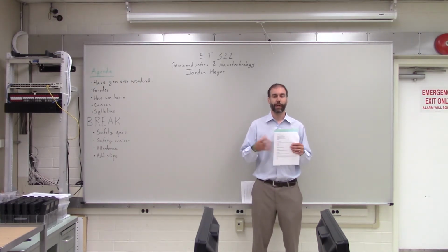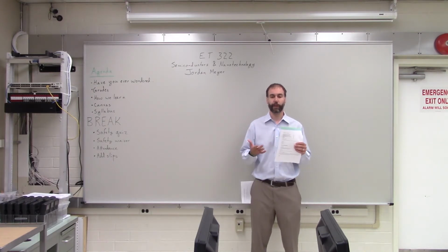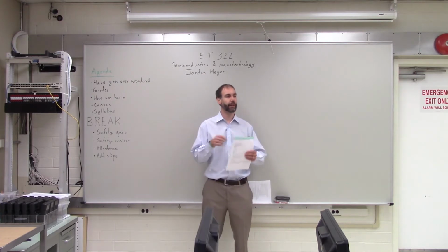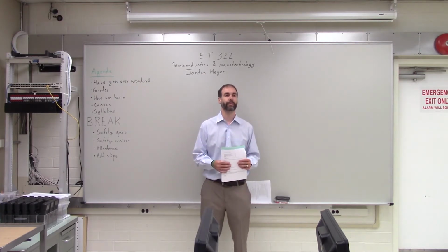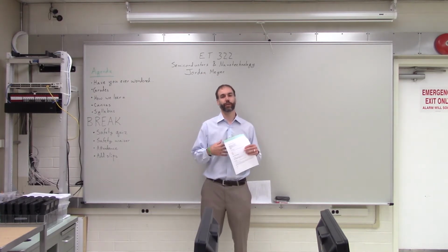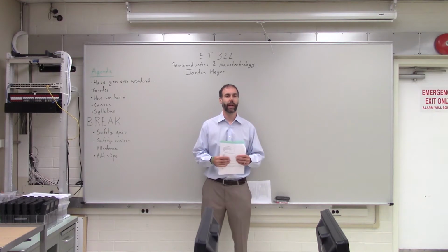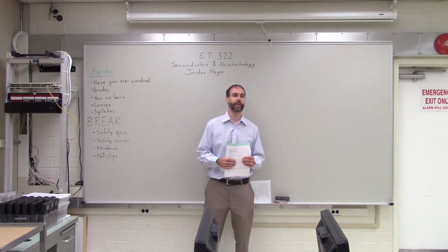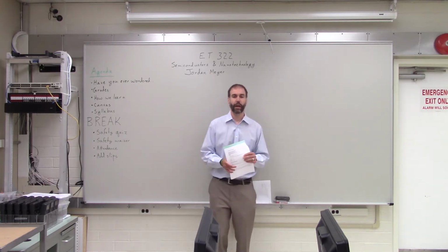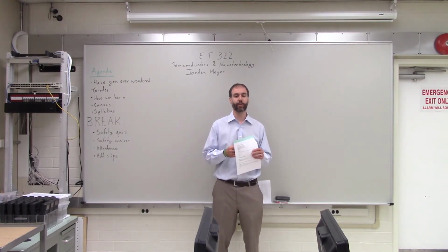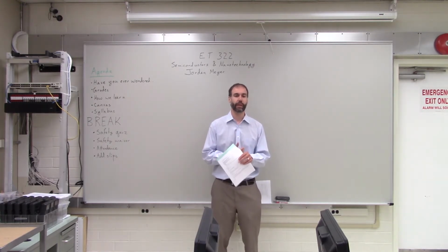They'll figure out which accommodations are appropriate for you, and then they'll write those down on a pink sheet of paper. And then you will bring the pink sheet of paper to me, and it will only have your accommodations written down. It won't have anything about any reasons that you need those accommodations. That's strictly between you and the Office of DSPS. The pink sheet of paper will just have the accommodations that you need.